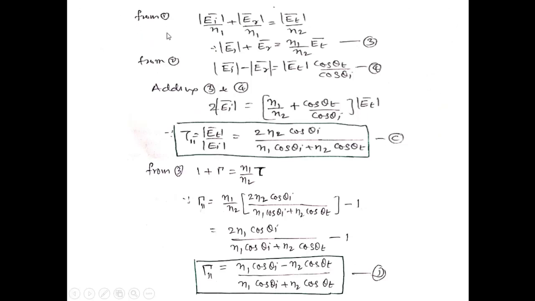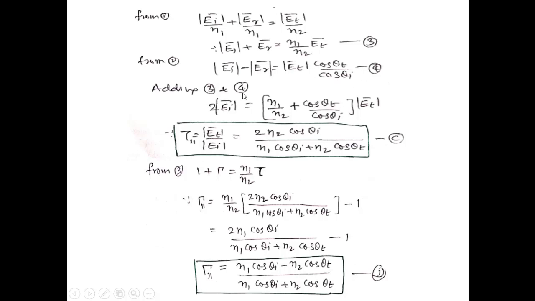Therefore, from 1, by using the relation between H and E, we get E_I bar divided by η1 plus E_R bar divided by η1 equals E_T bar divided by η2. Therefore, E_I bar plus E_R bar equals η1 divided by η2 into E_T, which is equation number 3. From 2, we will get E_I bar minus E_R bar equals E_T bar cos θ_t divided by cos θ_i, equation number 4.